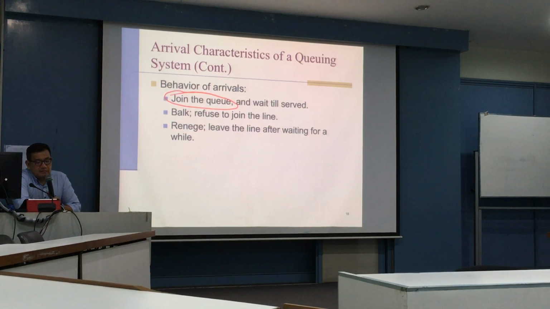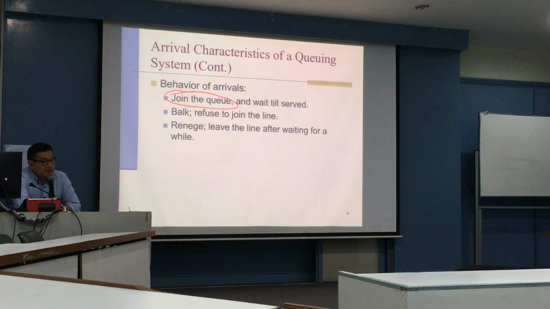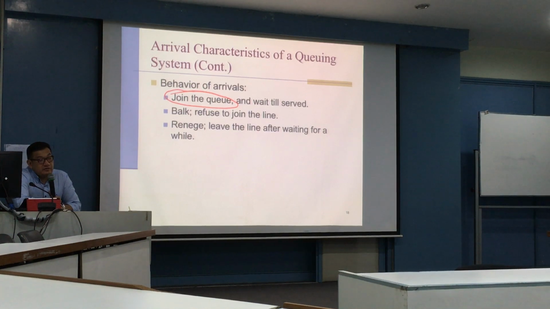The other behaviors that we do not assume, that we cannot use in our class, are balking and reneging. Balking means the customer looks at the waiting line, sees a very long line that will take a long time, and refuses to join the queue.